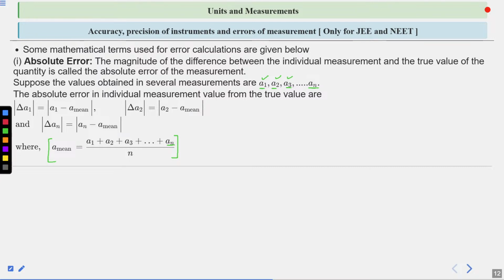Now if we want to calculate the mean value of the given measurement data, first of all we add all the given data, A1 plus A2 plus A3 plus AN, and divide by n terms. So this gives A mean, or we can say the mean value. Clear? If you have any doubt, please ask.